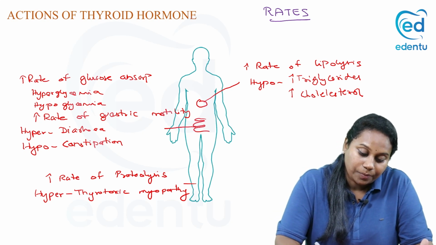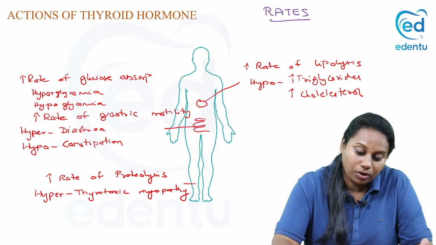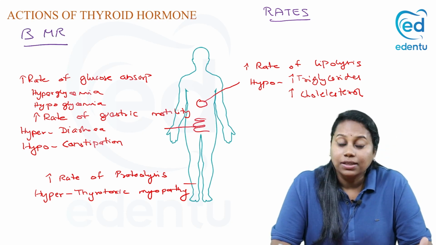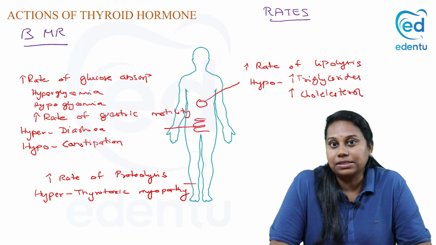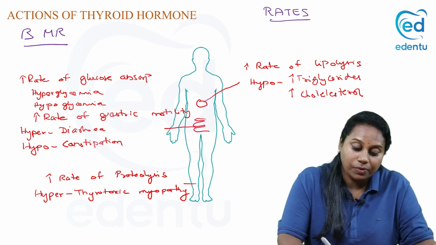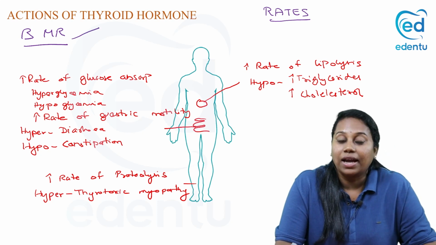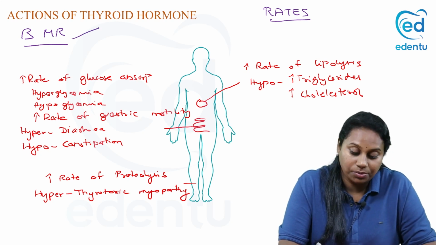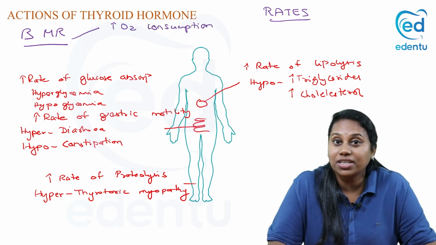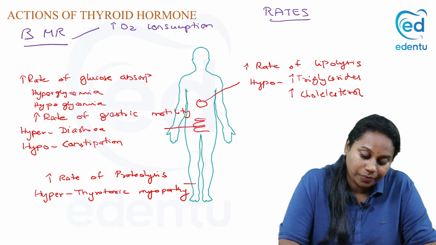They increase the basal metabolic rate, which is called BMR. When your basal metabolic rate increases, what do you mean by that? All metabolisms inside the body are increasing. So when all metabolisms increase, there is more oxygen being consumed. So it increases oxygen consumption. And this is called the calorigenic effect of thyroid hormones.